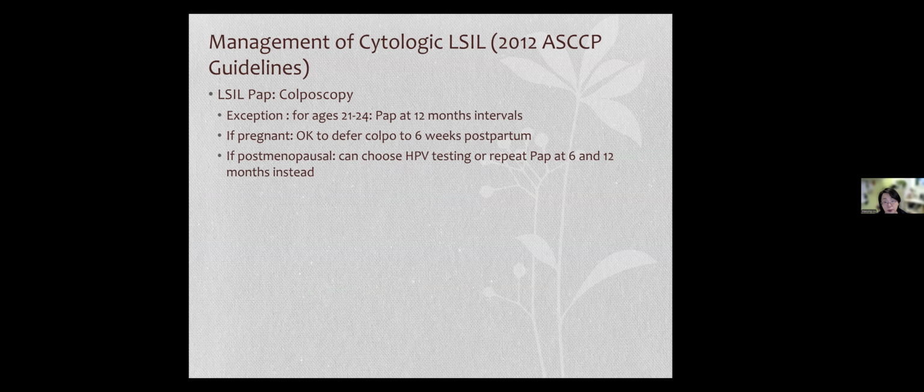The exception is for young people, who can use either Pap with HPV testing at a 12-month interval. If pregnant, it's okay to defer the colposcopy to 6 weeks postpartum. If postmenopausal, some of our clinicians order HPV testing. If it's negative, they just follow up.